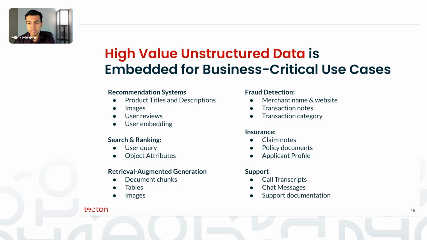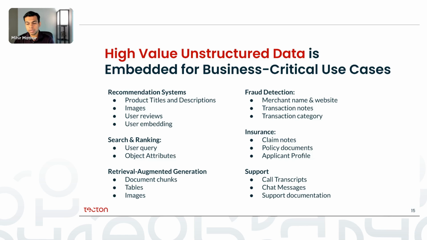For fraud detection, there's a whole host of things, but the most common ones are names, website data, transaction notes, and transaction categories. A lot of the other things are proprietary for fraud detection, but these are the most common ones. For insurance, there are things such as claim notes, policy documents, and applicant profiles.